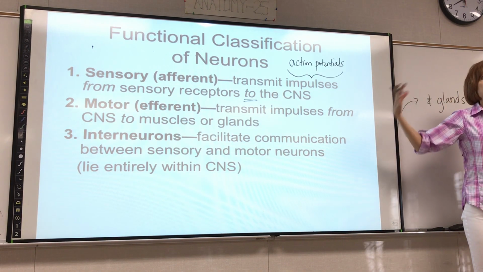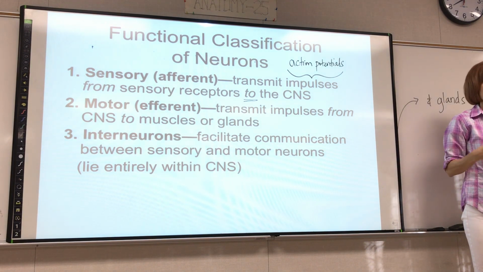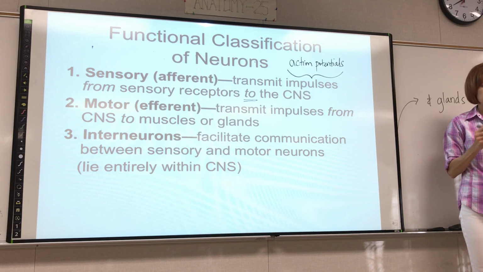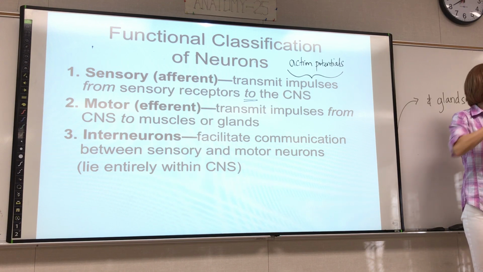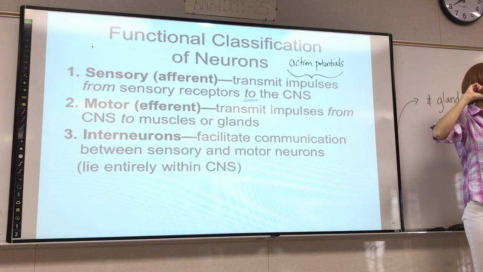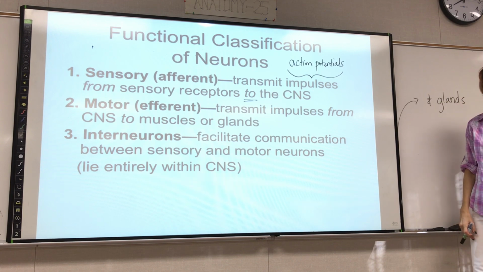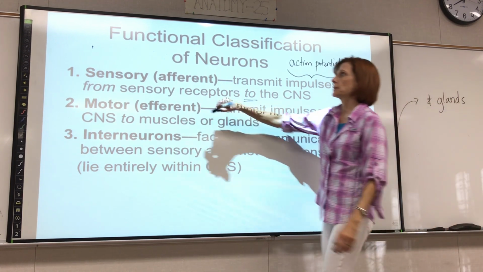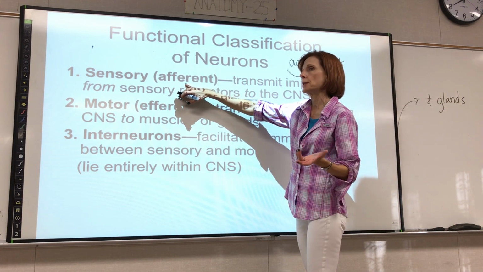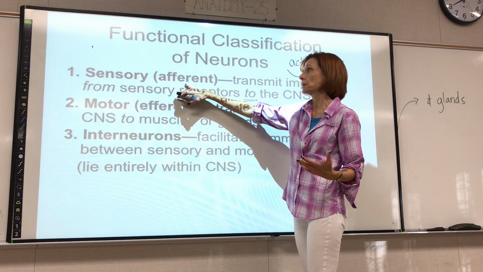Incoming signals coming in from, could be sensory receptors in the skin, it could be in our muscles and joints, it could be in organs, and it could be information that's coming in from outside, like what we're seeing, hearing, tasting, smelling, etc. Notice that this is another word for sensory, so you can always say afferent information when you're talking about sensory information.